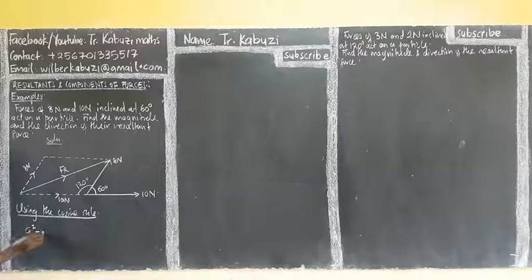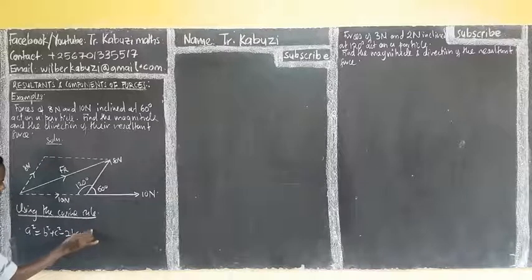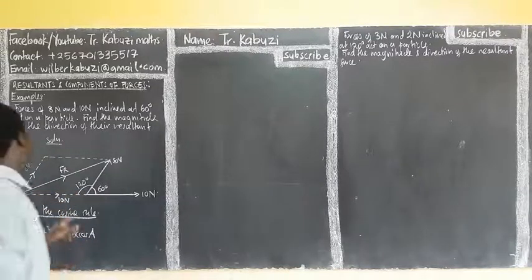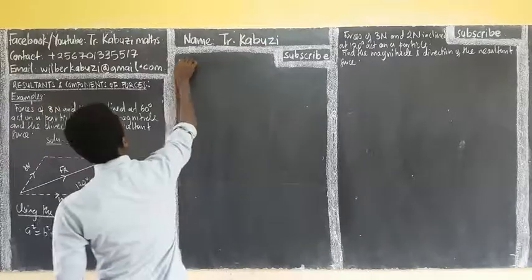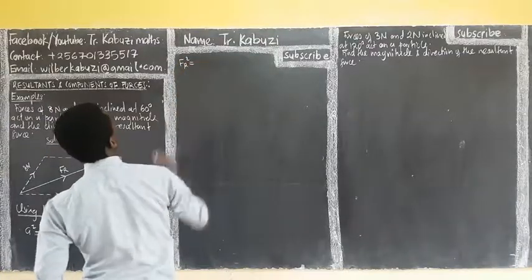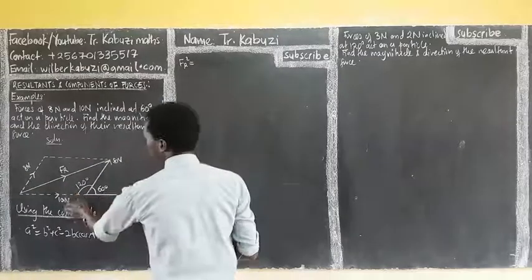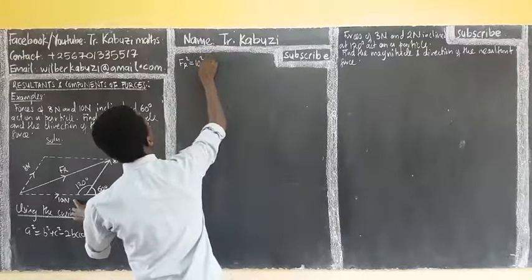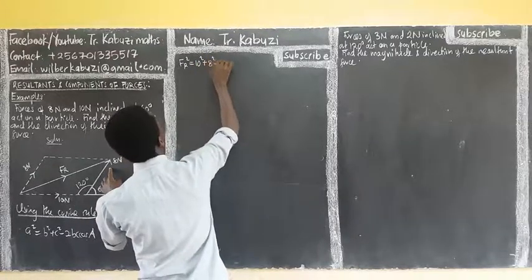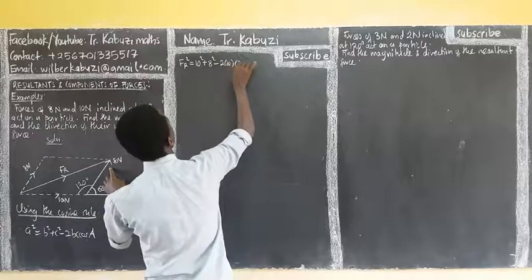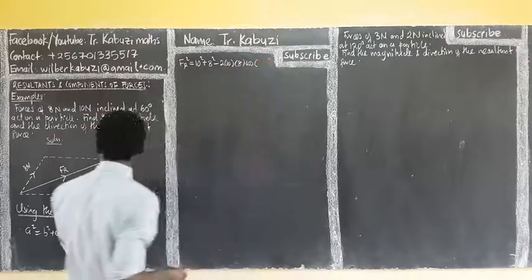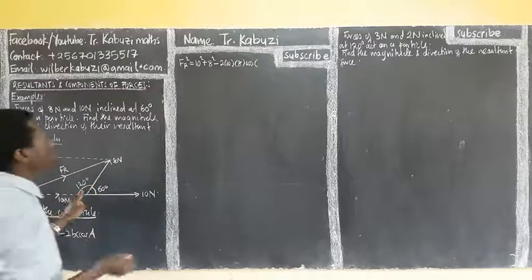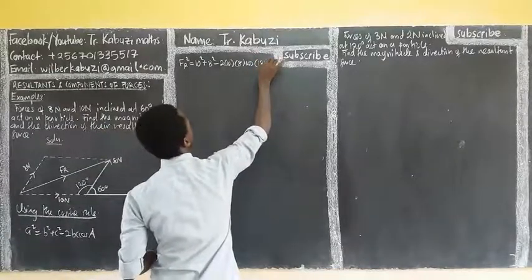It says a squared is equal to b squared plus c squared minus 2bc cos of the angle A. So if you take this to be A, our force Fr squared is going to be equal to the adjacent sides of this angle: 10 squared, plus 8 squared, minus 2 into 10 into 8, then cos of our angle between these two sides, which is 120 degrees.